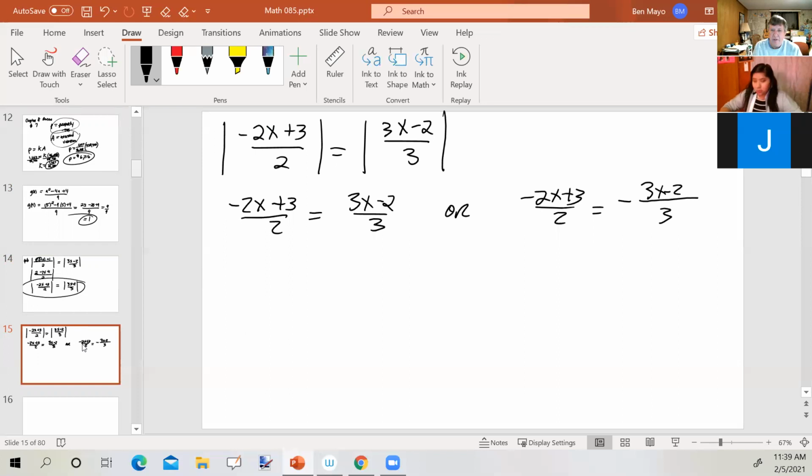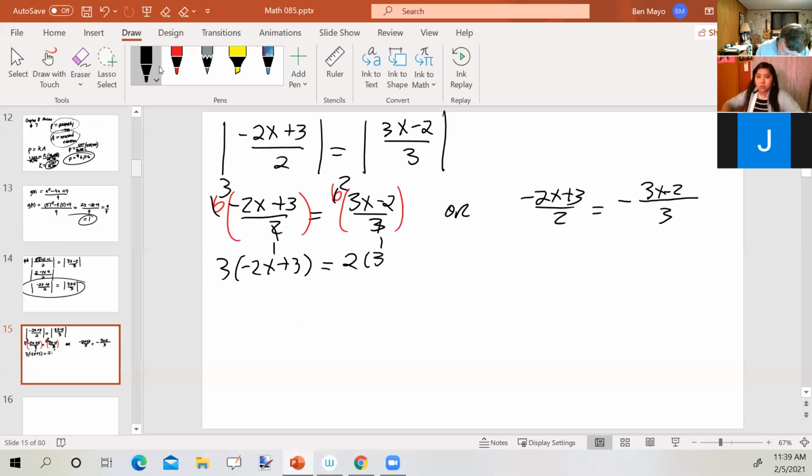Now, for the equation on the left side, I'm going to multiply both sides by 6 to clear the fractions. When I do that, 6 over 2 is 3 over 1. 6 over 3 is 2 over 1. So I've got 3 times the quantity 2x plus 3 equals 2 times the quantity 3x minus 2. So I cleared the fractions. Any questions there?